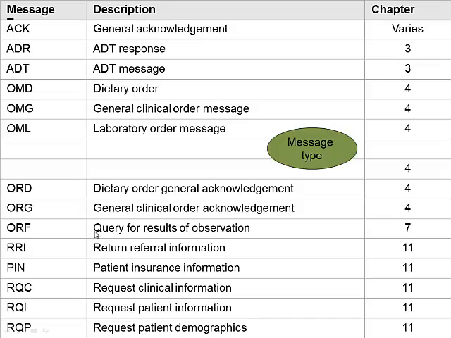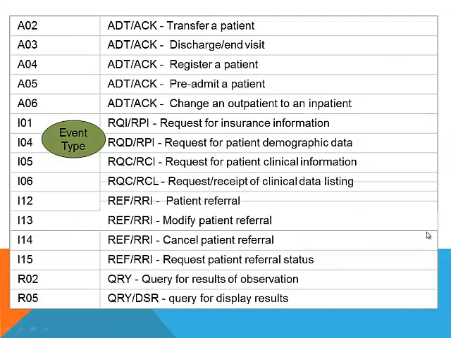ORF is a query for result of observation, described in chapter 7. For PRI, PIN, RQC, RQI, RQP, they are described in chapter 11. That means different chapters describe different message types.